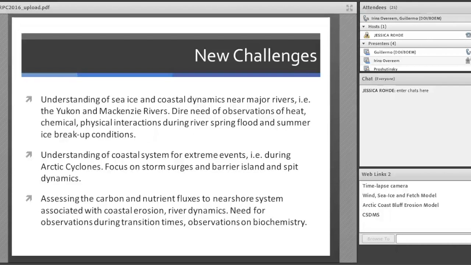But yes, we do have connections, and I think the connection to Mike there is good. The second one, on the storm surges, is work that we're proposing to do together with Steve Vavras, who works on the cyclone dynamics and the climate modeling parts.